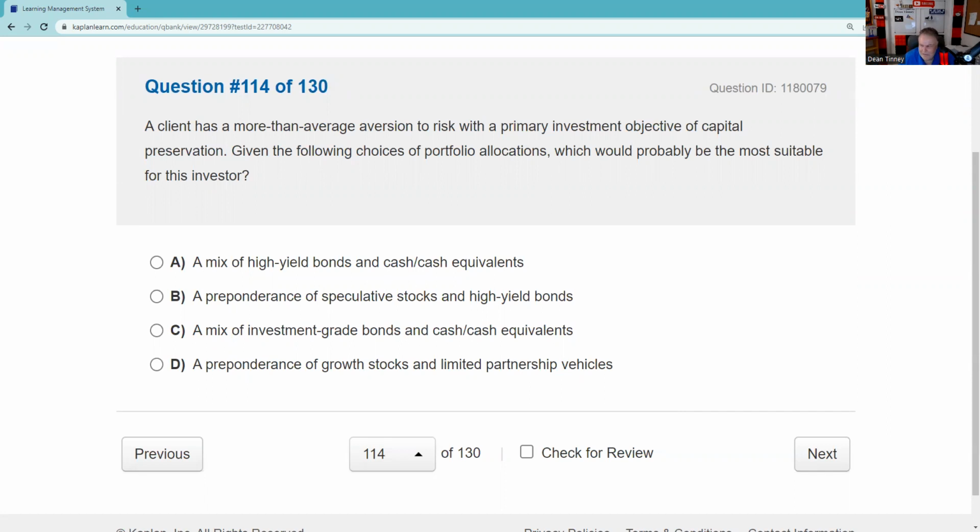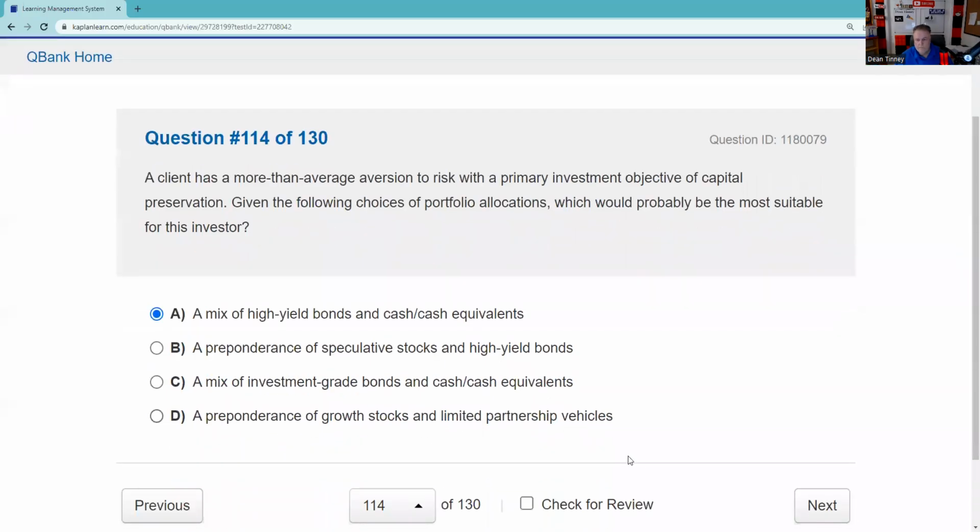So based on this, what I'm probably going to have is a mix of investment grade bonds because capital preservation, and cash equivalents. All right. So that was A.